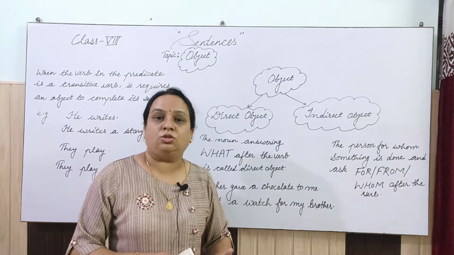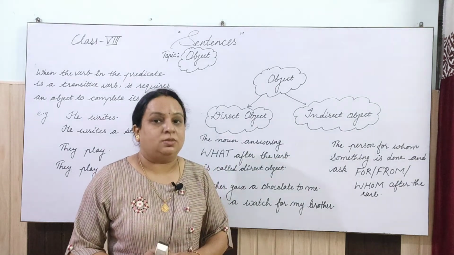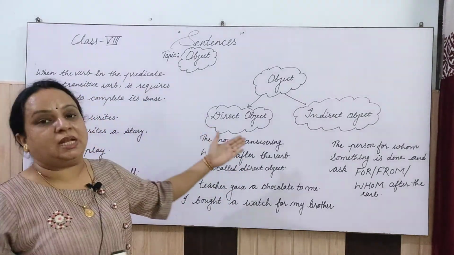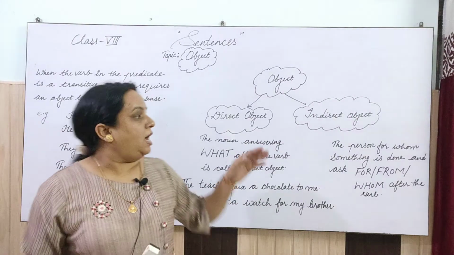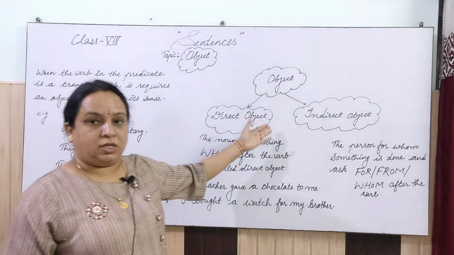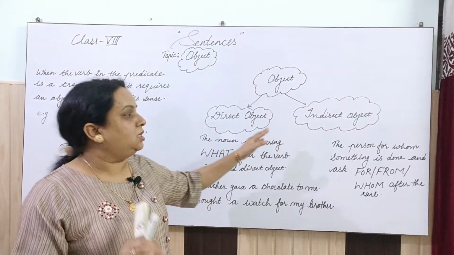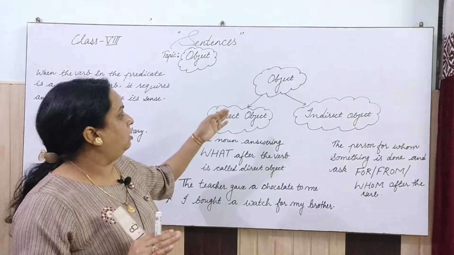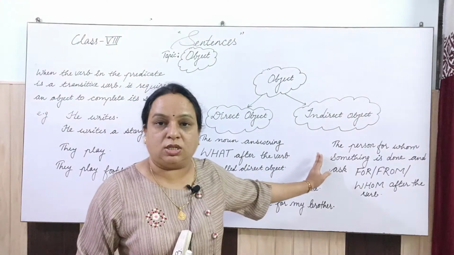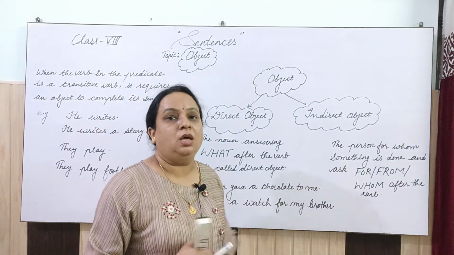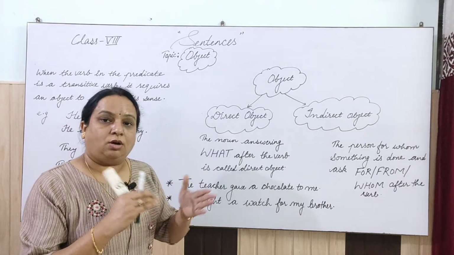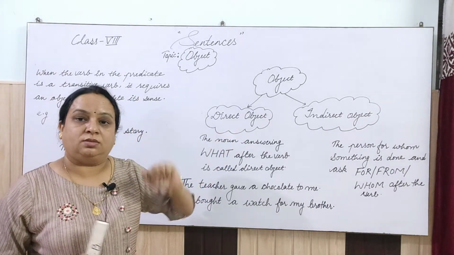But there is also one problem, right? What is that? Every time it is not like that; you may say there is one exception. I've told you that in 90% of cases, for your standard, you will get that direct objects are the things and indirect objects are the persons. But it may happen that in some cases both the objects are things.